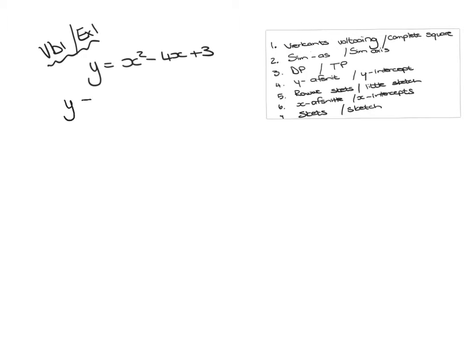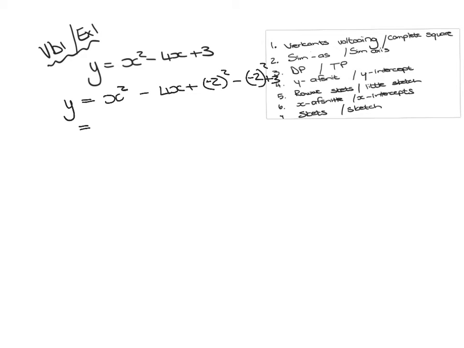Jy skryf y is gelyk aan. Jy bring jou x kwadraat af. Minus 4x plus hakie kwadraat minus hakie kwadraat plus daai 3. So dit word hierdie minus 4 met jy deel deur 2. You've got to take that minus 4 and divide it by 2, so it's minus 2.